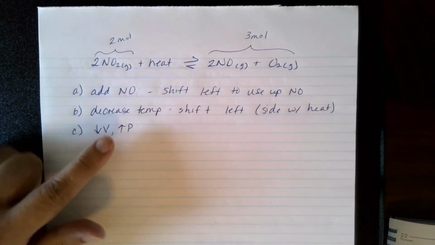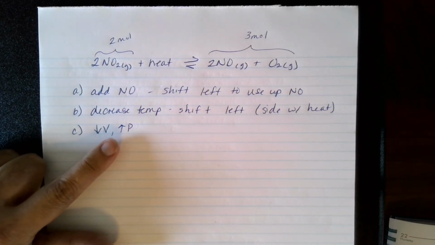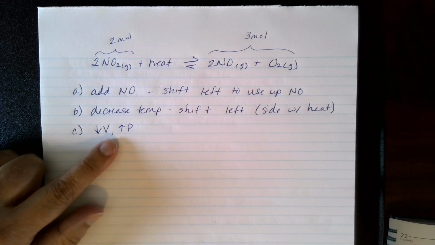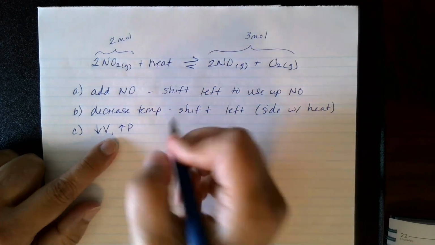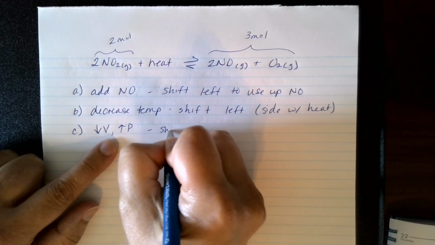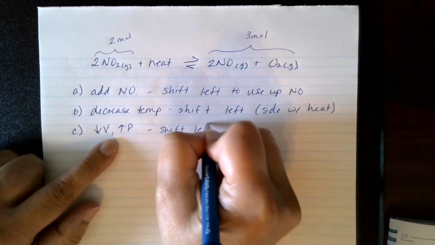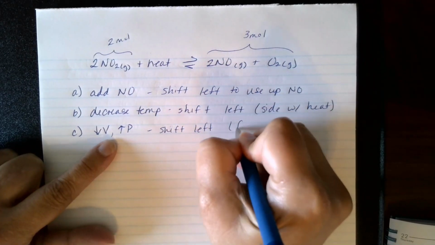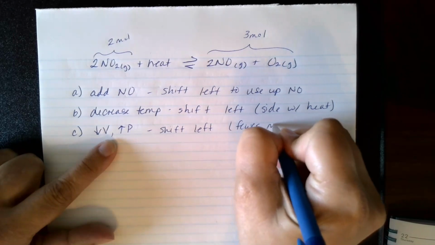So if I increase the pressure, it's too high now. It needs to decrease the pressure. So I need to shift to the side with fewer moles of gas. So shift left. This is the side with fewer moles of gas.